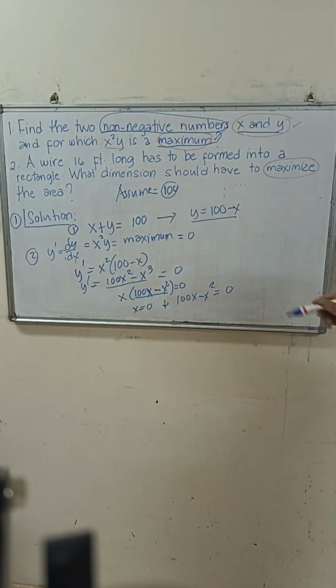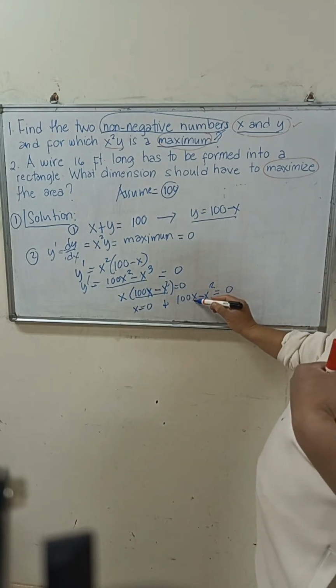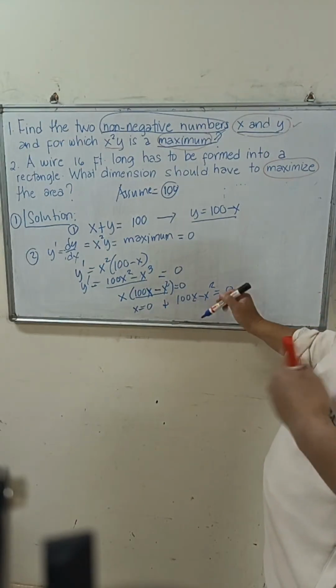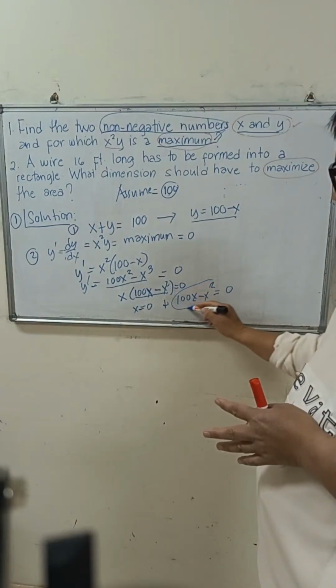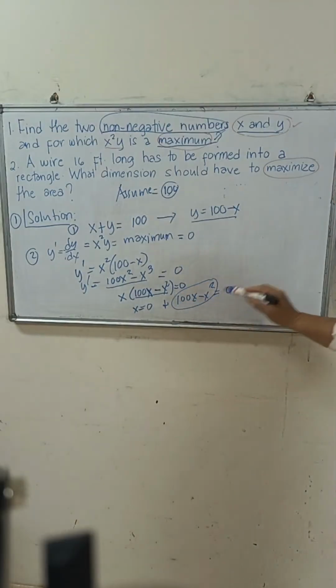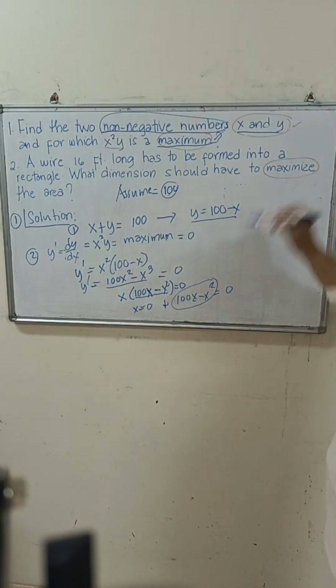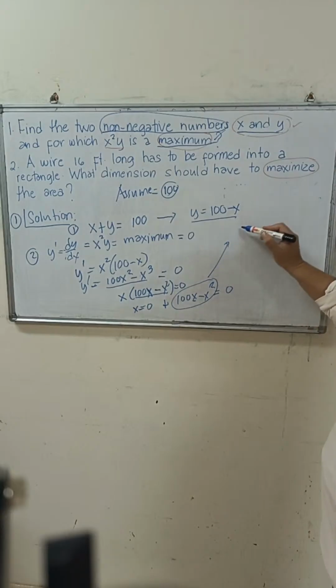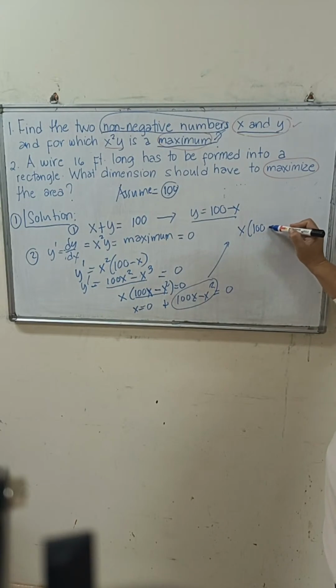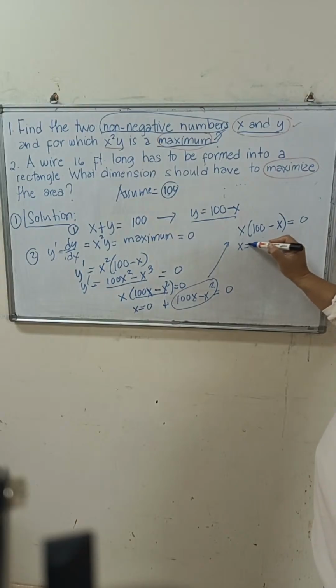There's still another x here. So actually there are two methods here. For 100x minus x squared, either you factor it again by x, giving 100 minus x equals 0, and equate x to 0.